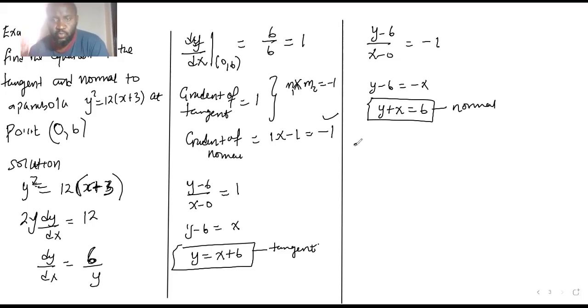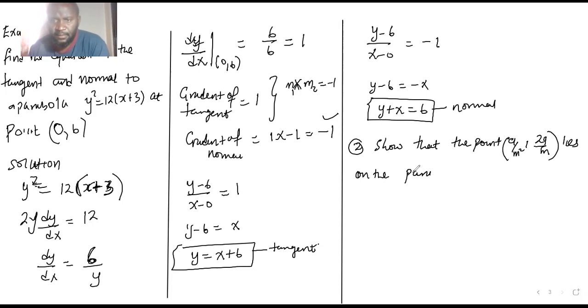Screenshot that. We have example 2. Show that proofs can come in these forms. Show that the point (a over m squared, 2a over m) lies on the parabola y squared is equal to 4ax for any value of m not equal to 0.